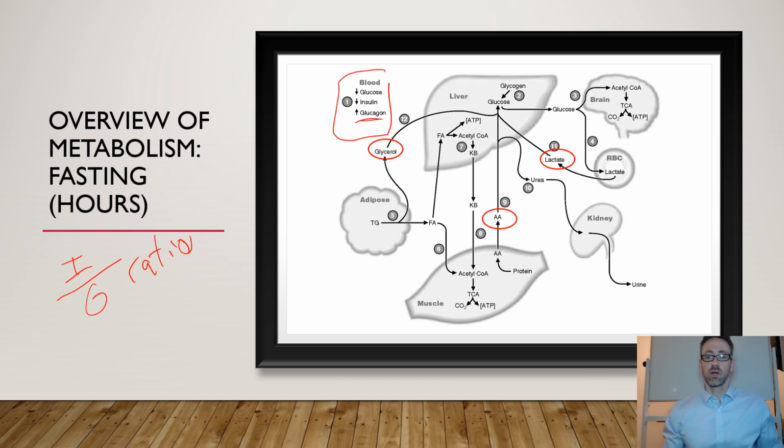Okay. So in this fed state, here's what's happening. We're going to take a look at the liver, since the liver is one of the primary regulators here. We need to maintain glucose levels because we really want to help out the red blood cell over here and the central nervous system. In the liver, we have glycogen, the storage form of glucose.